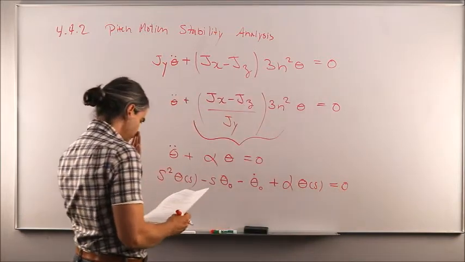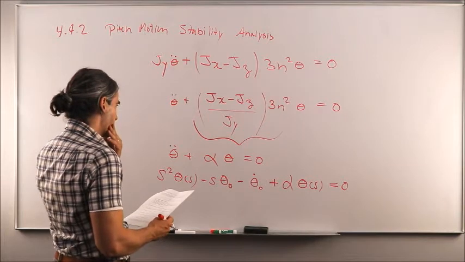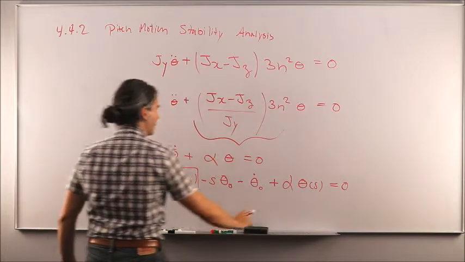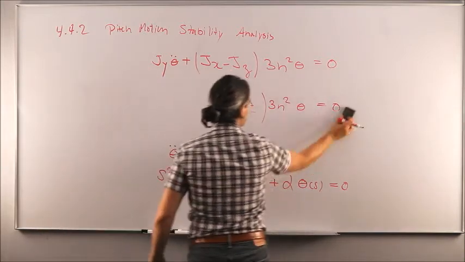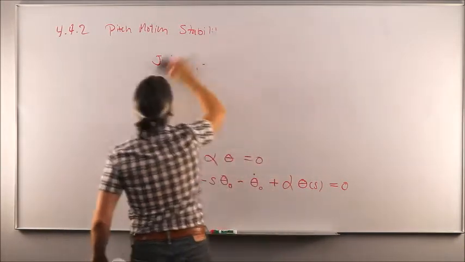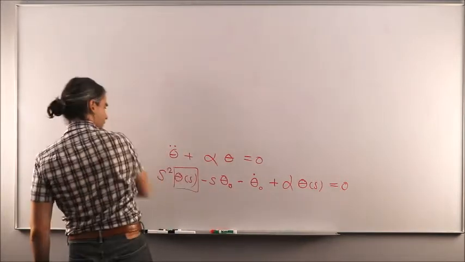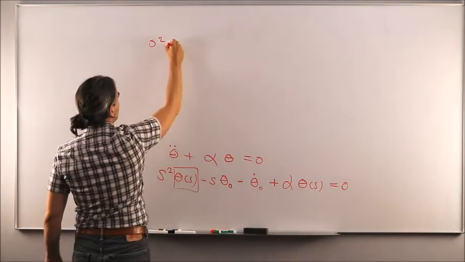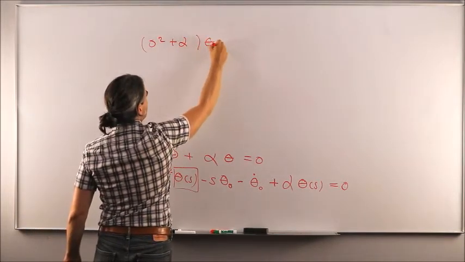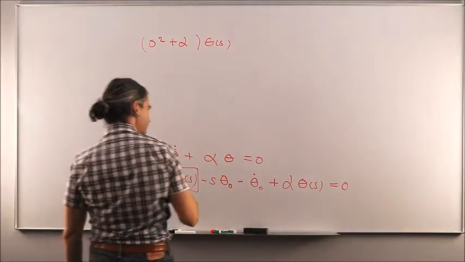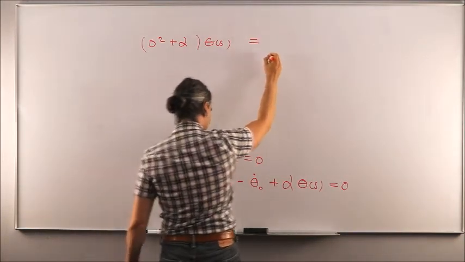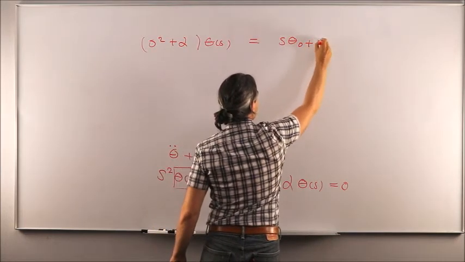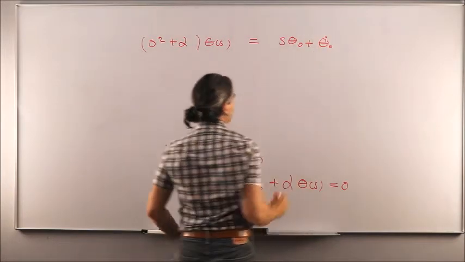Next I can solve for theta of s: s squared plus alpha, multiplying theta of s, equals s theta naught plus theta naught dot.